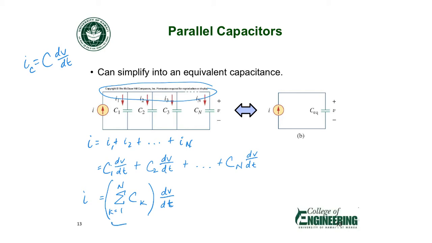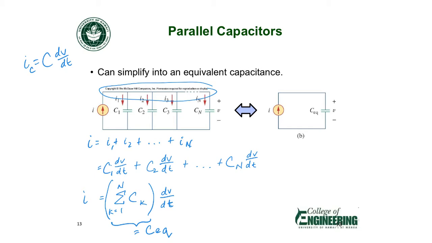So this summation term is going to be the equivalent capacitance if we wanted to combine all of these n capacitors in parallel into one capacitance that functions equivalently to all those capacitors in parallel.